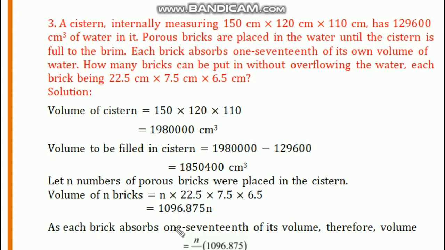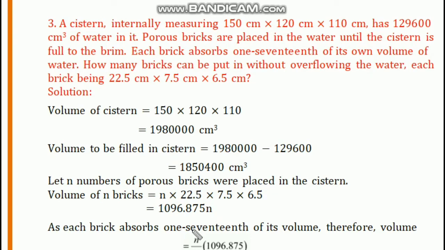Actually here we need to find the number of bricks that can be put in the water without overflowing. We don't know that, so for that purpose I took the number of bricks as n and multiplied here by n. This is what we need to find out.